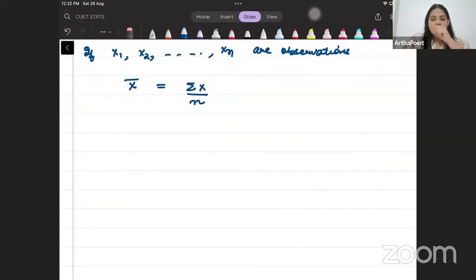Now, a lot of times you will also be given some frequencies associated with the data. Just say, for example, like I will say that this is my x and this is my frequency. Let's say x is marks.